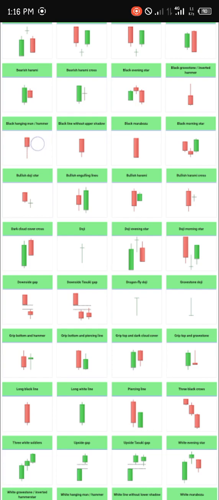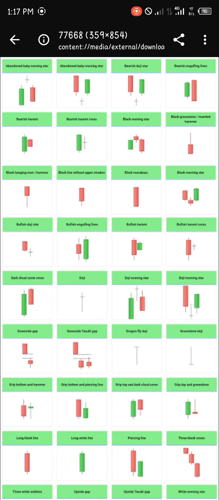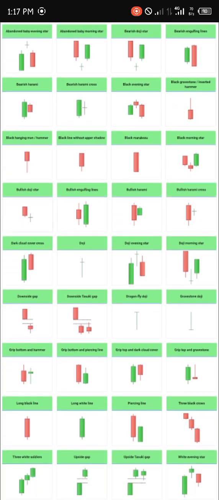So this other one, what is the name? Hammer. You can call it a hammer or a pin bar. Mind you, like this hammer, it doesn't matter the color of the candle. It's only in bullish engulfing and bearish engulfing that it matters. In a doji, it's not a must that it will be green.